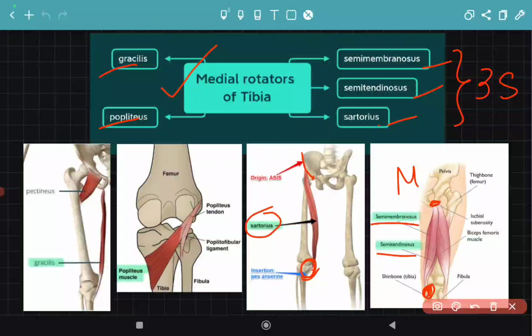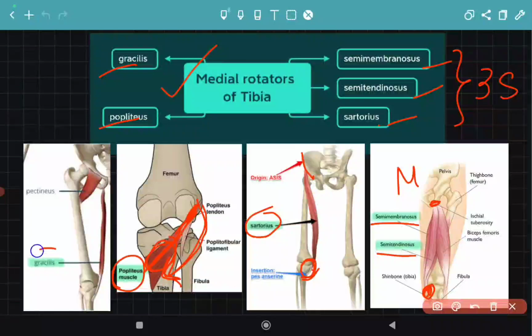Another one is popliteus, which comes from the lateral femoral condyle and the lateral meniscus, posterior aspect, to the posterior and proximal aspect of tibia. So popliteus is also a medial rotator of tibia, which has origin from here going towards the tibia, so acting as medial rotator of tibia.